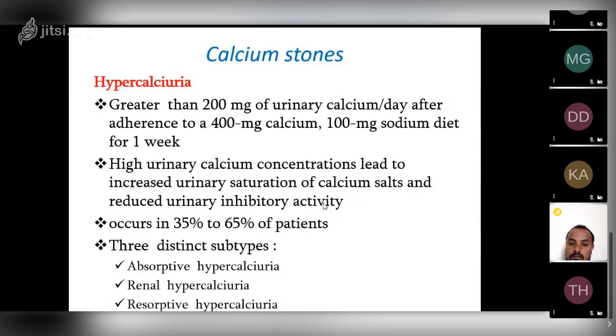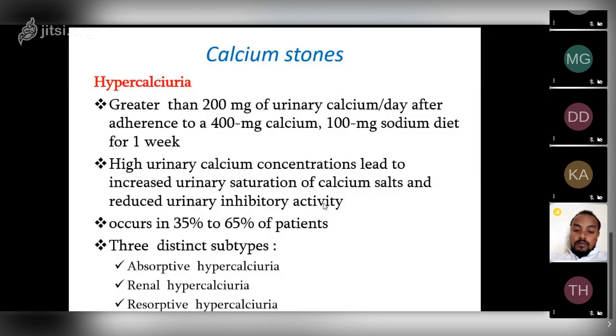So the calcium stones form by different mechanisms or causes. The first is hypercalciuria. When you say hypercalciuria, there is greater than 200 milligrams of urine calcium per day after adherence to a 400 milligram calcium and 100 milligram sodium diet for 1 week.